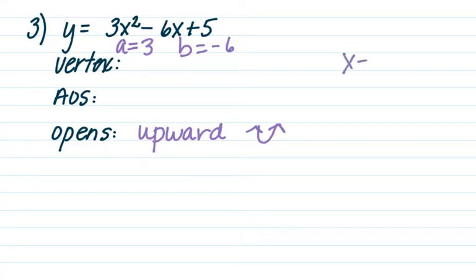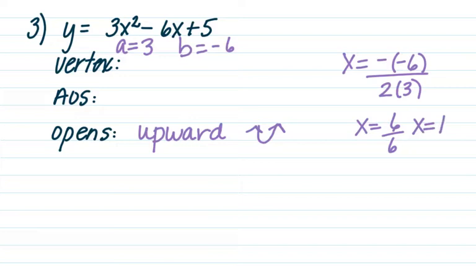So x is equal to negative 6 over 2 times A, which is 3. So x is equal to 6 over 6, which means x is equal to 1. So my x-coordinate is 1, and that tells me I already found my AOS. Now I'm going to plug 1 into my function to find y.